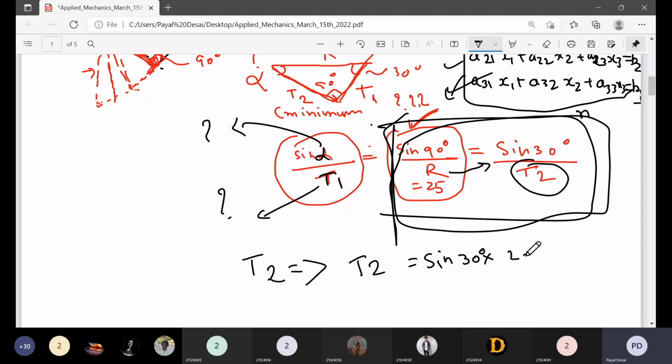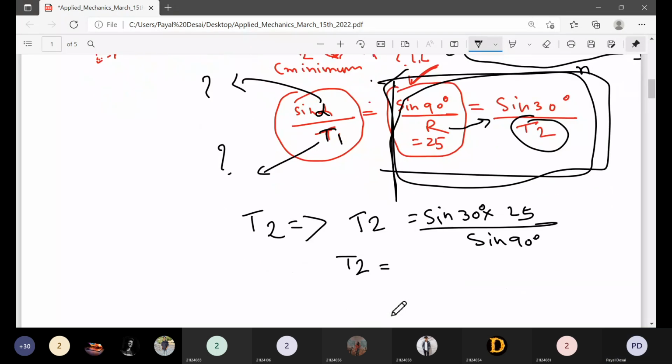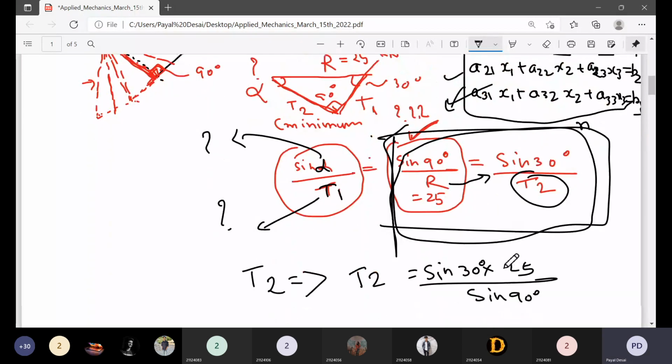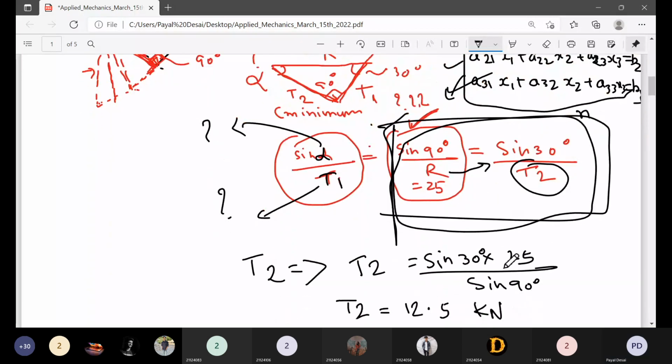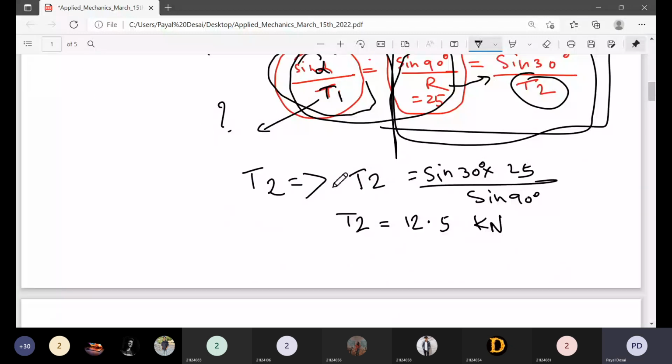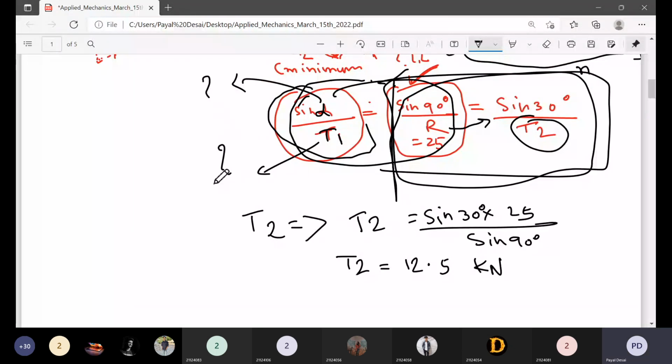So 25 divided by sin 90, that gives T2, and then you find T1, 12.5. Once I know this, you can use the known combination and then the other one. So how will you find T1 now?